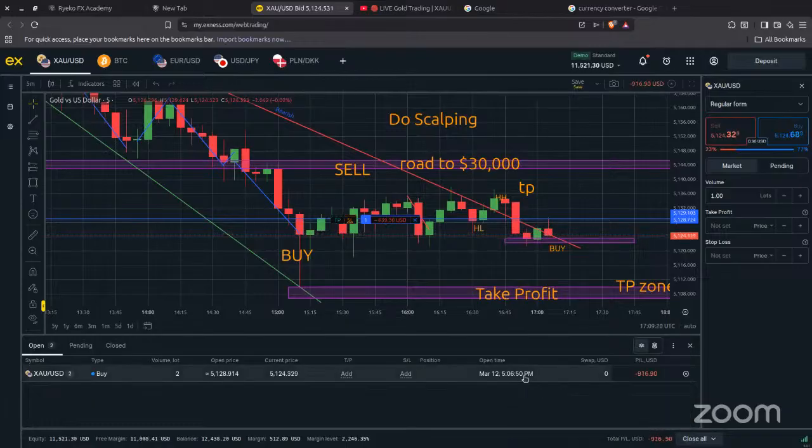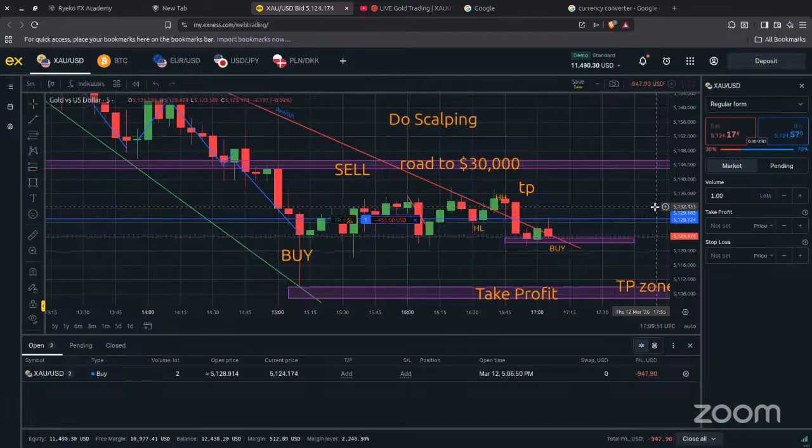We have plan A. Then plan B is to wait for it to break above that. Wait to break above 51.32. Okay. Then buy a pullback.